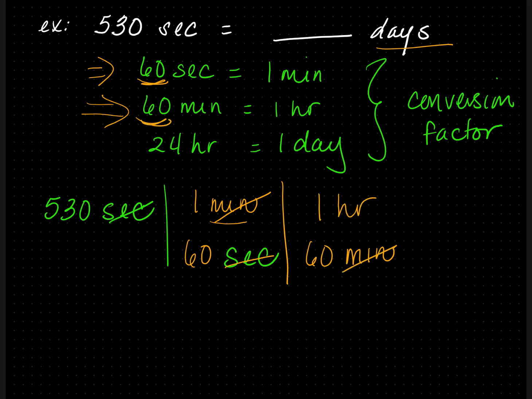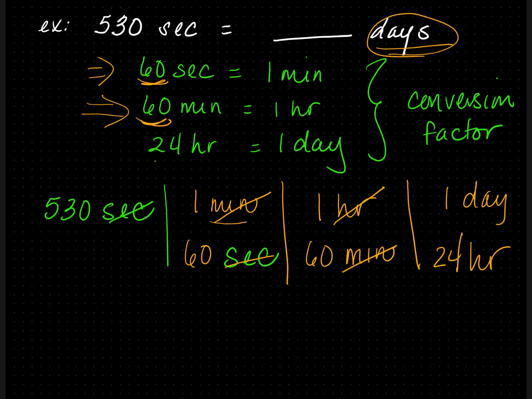The diagonal units cancel out, and we are left with hour. If we end here, our final unit is hours, but we want it in days, so we need to continue on. So if this is hours, my diagonal has to be hours. There are 24 hours in 1 day. All my units cancel out. My final unit is day, which is correct.